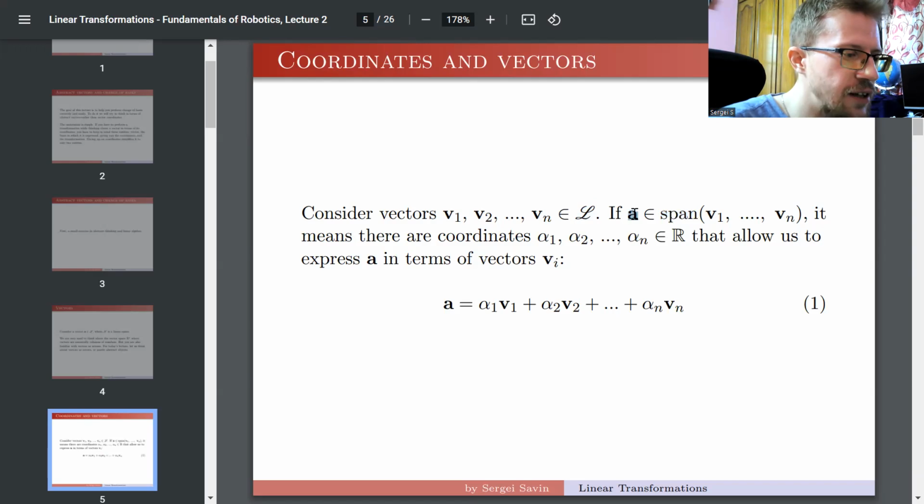So A is a vector that can be achieved as a linear combination of v1, v2, vn. If you remember the definition of a linear combination, it means we can find coefficients alpha 1, alpha 2, alpha n, which are scalars. Notice this is the first time we encounter real numbers here, because those are scalars.